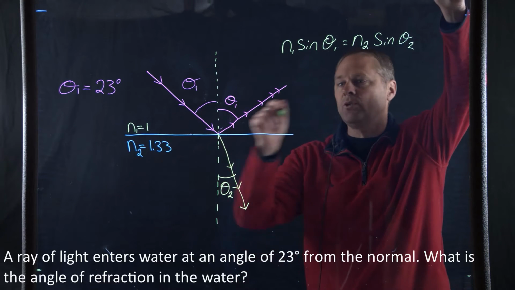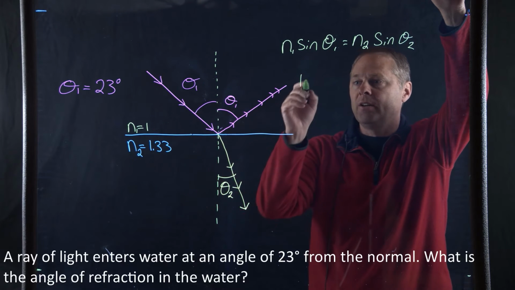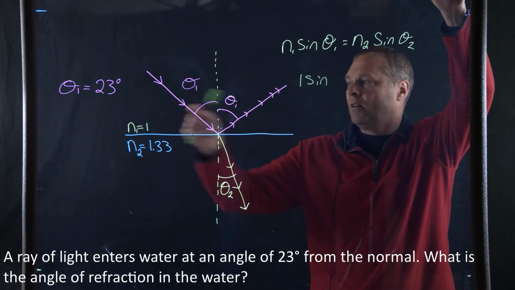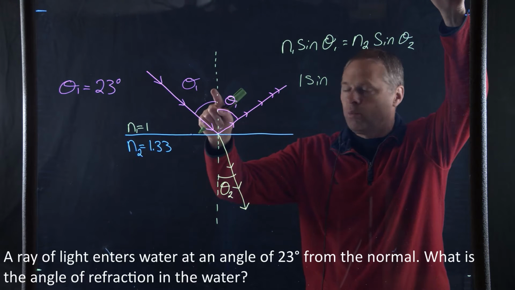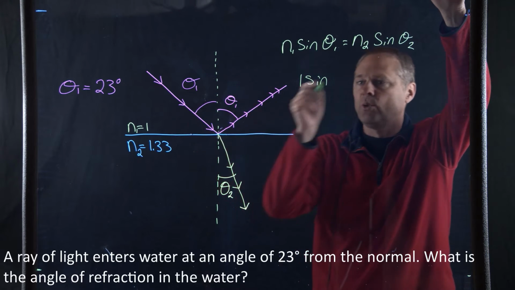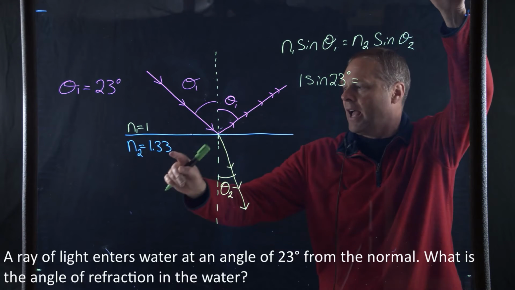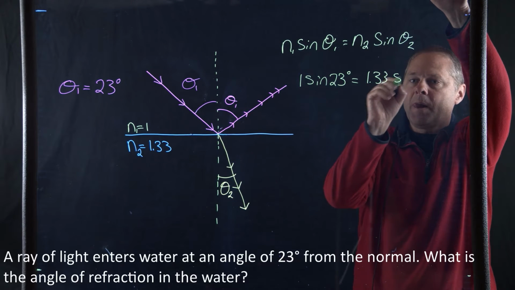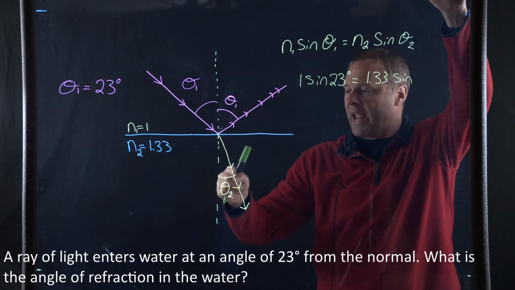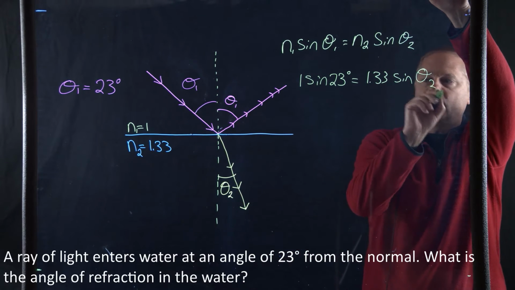So we can substitute in 1, which is our index of refraction for air, sine of the angle relative to the normal, 23 degrees, is equal to n2, which is 1.33, sine of the angle for the refracted light, and that's going to be theta 2.